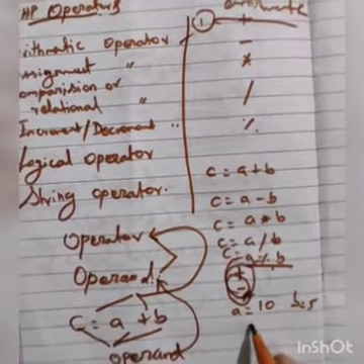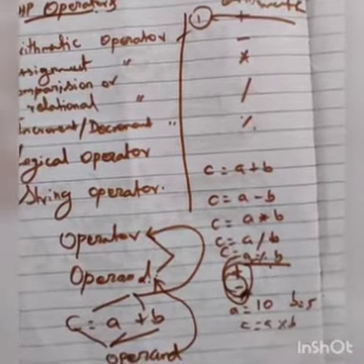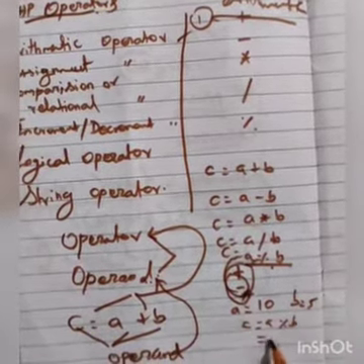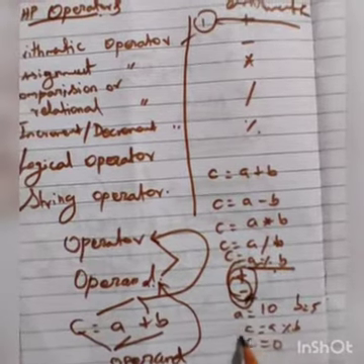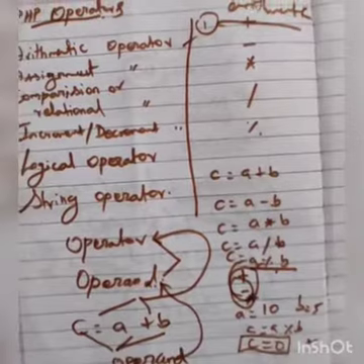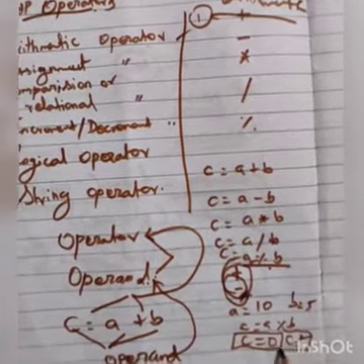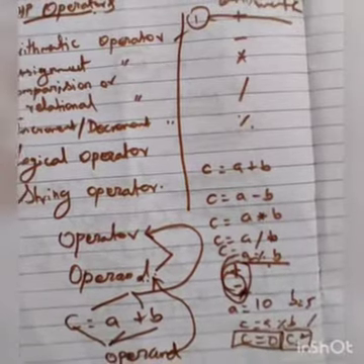Now C is equal to A modulus of B, so what result will come? 0. Sir, why 0? Won't 2 come? C is equal to 2 is the division operator.